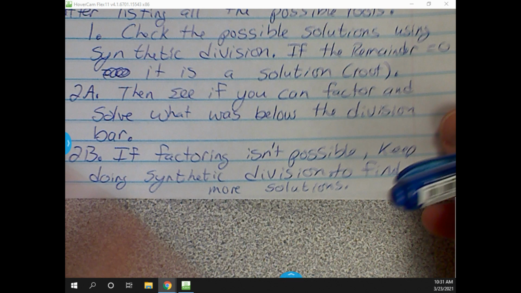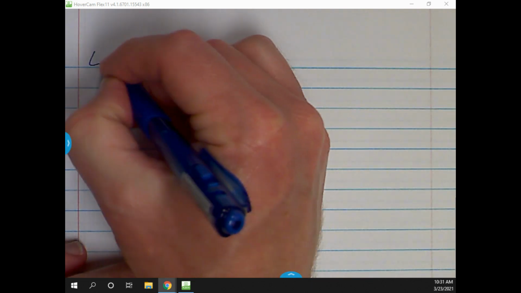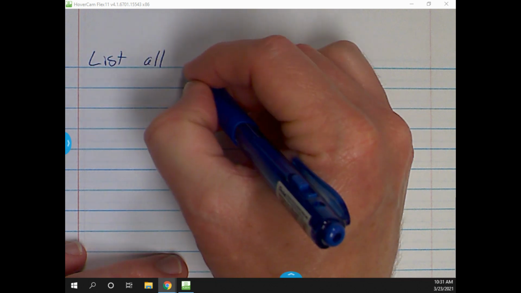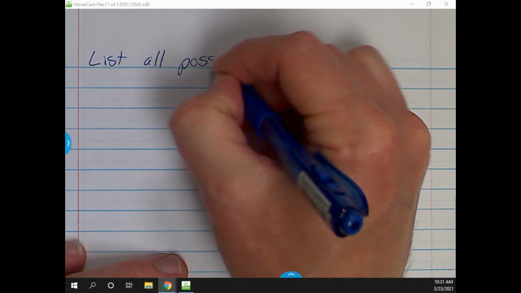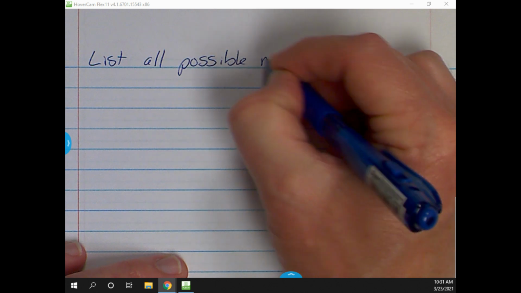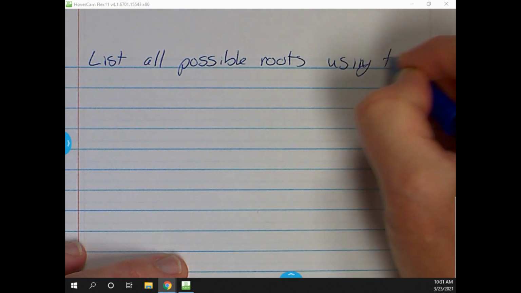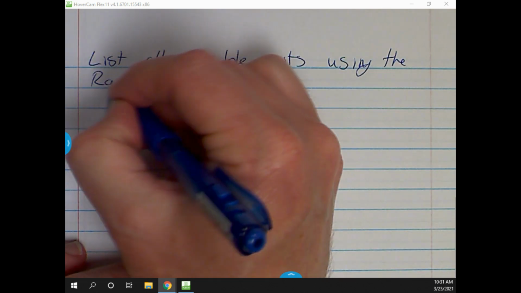We'll do this as a 2-part question. Some of these it may not ask you. Some questions may just say solve it, and you may not do this, but we're going to do a part A. We're going to say list all possible roots using the rational root theorem.